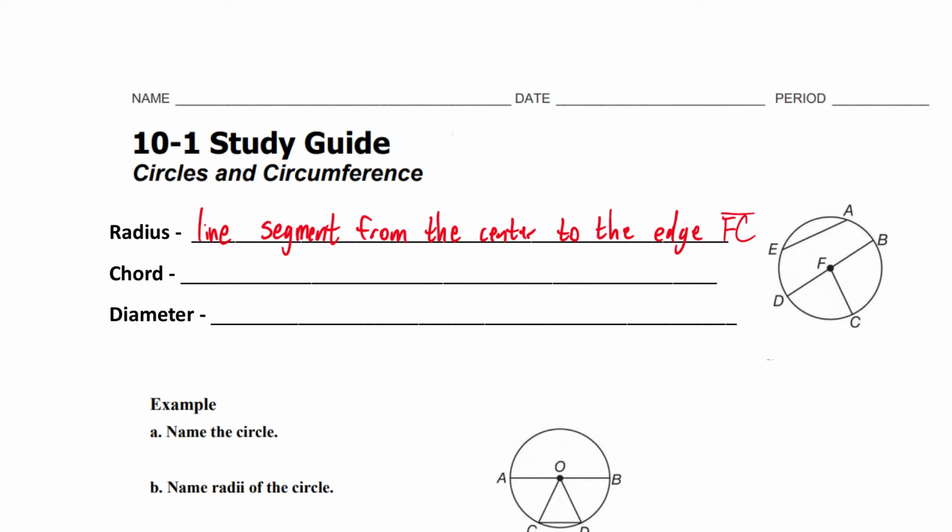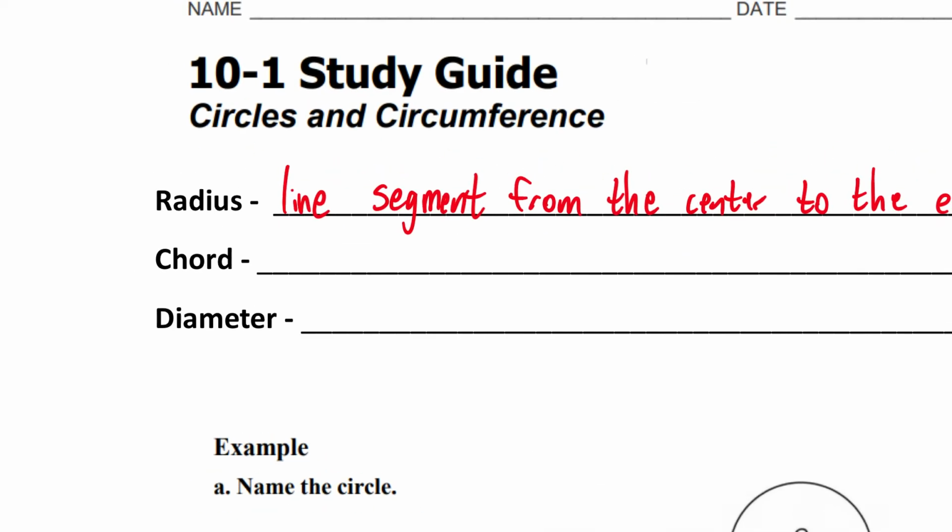So you've known what a radius is. You know what a diameter is. The one in the middle there, a chord, you probably have not heard within the context of circles before. All the chord is, is a line segment from edge to edge.